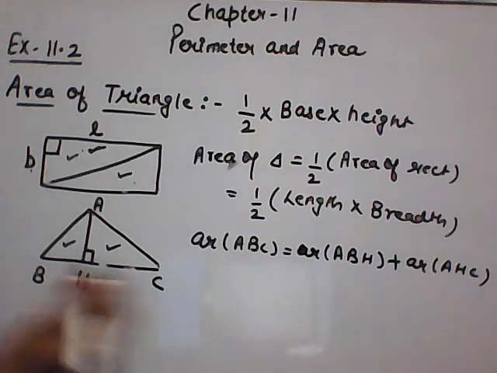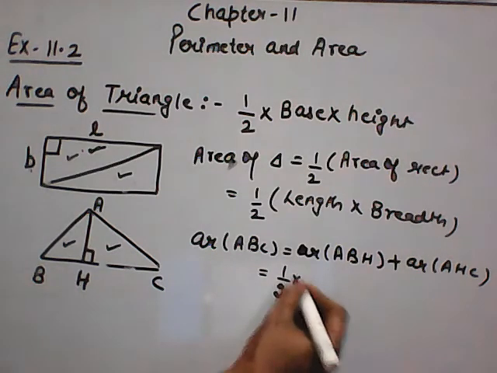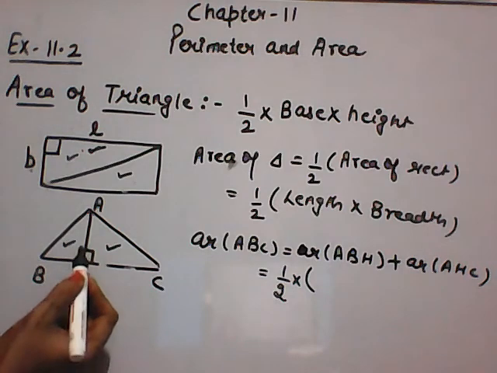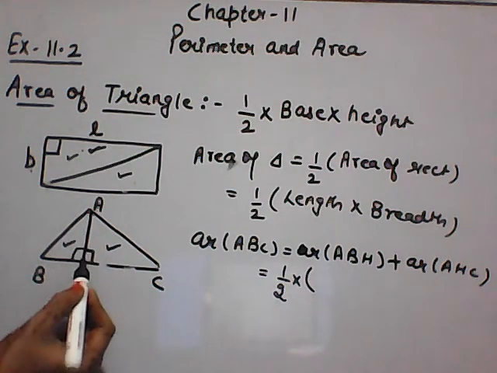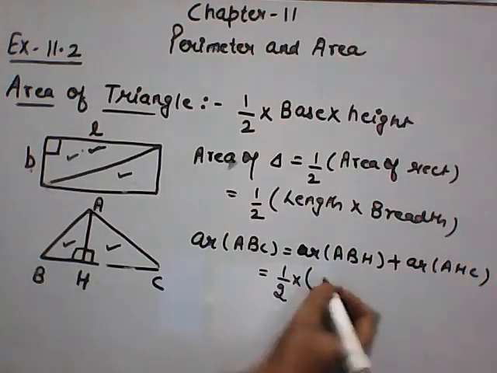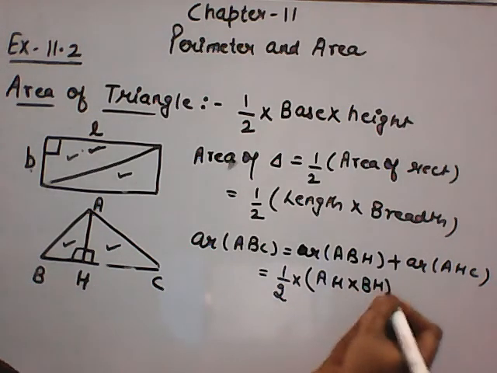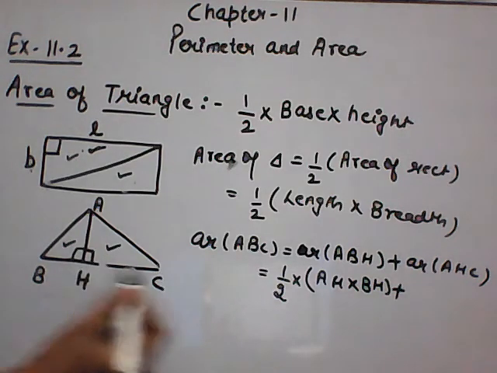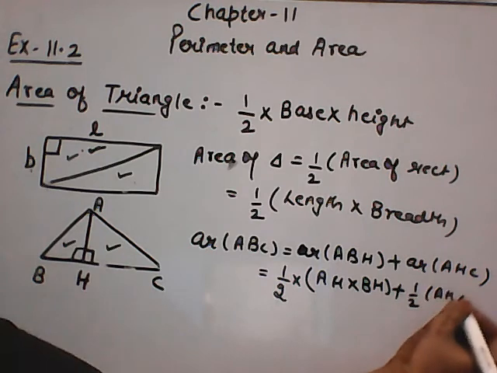ABH is a right angle triangle. We know the formula for a right angle triangle: half into the two sides containing the right angle, that means AH into BH. The area of AHC is equal to 1 by 2 into AH into HC.